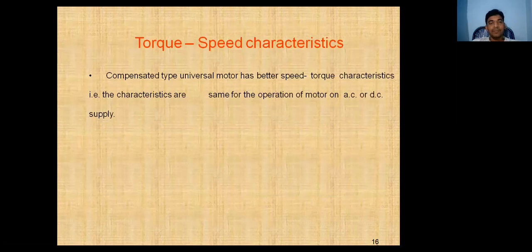So compensated type universal motor has better speed torque characteristics.